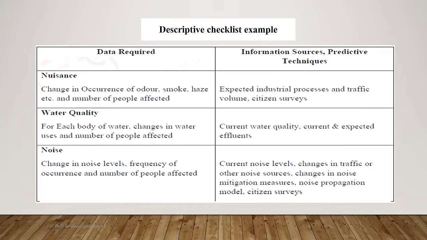Like you can get information or data from the expected industrial processes, traffic volume, citizen surveys. Means the guidelines will be given in front of the data which is required, like how you can procure that data. Like you require data on water quality, you can get data from current water quality, current and expected effluents.